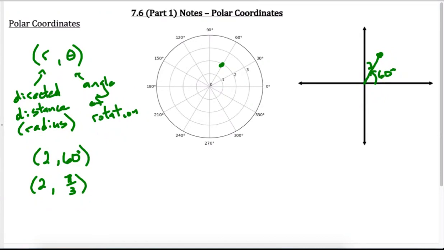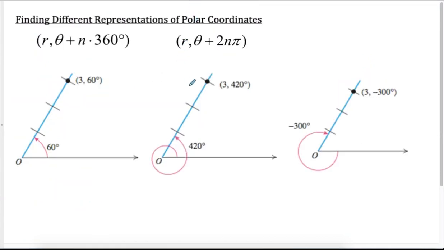Now, polar coordinates are actually not unique, and an XY point is unique. There's no other way to represent the point (1, 2) on a graph. But there are multiple ways to represent polar coordinates because I can rotate a whole bunch of times. This goes back to the idea of coterminal angles that we've talked about in the past.